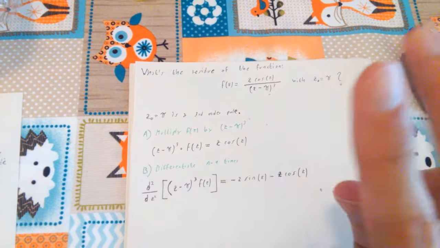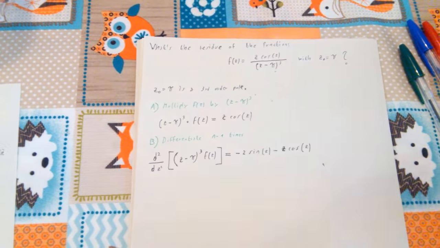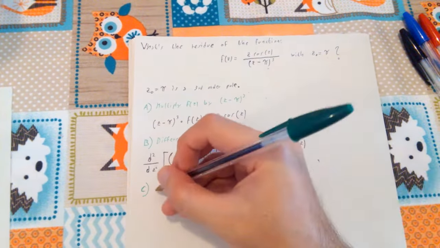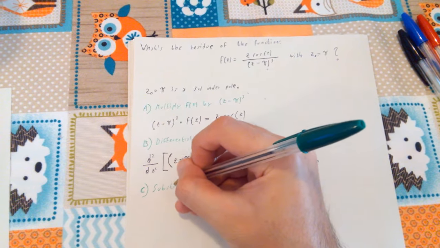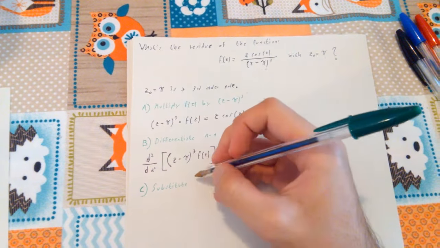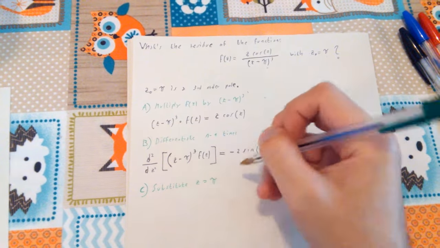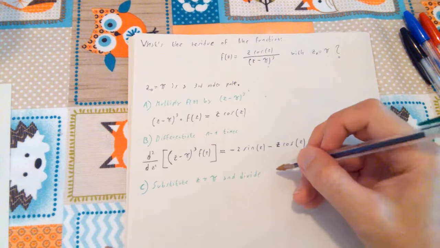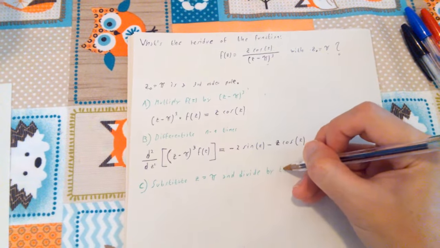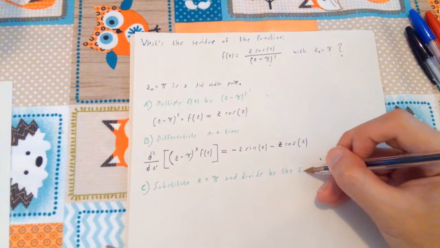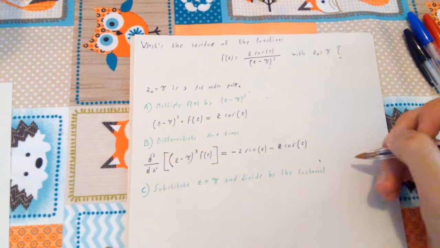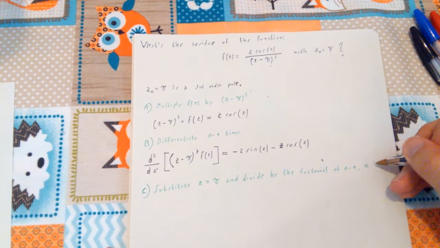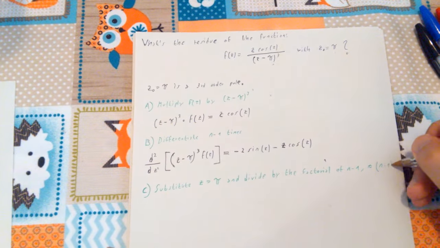Third, so step 3, step C, you can substitute z equal to pi and divide by the factorial of n minus 1. So n minus 1 factorial.